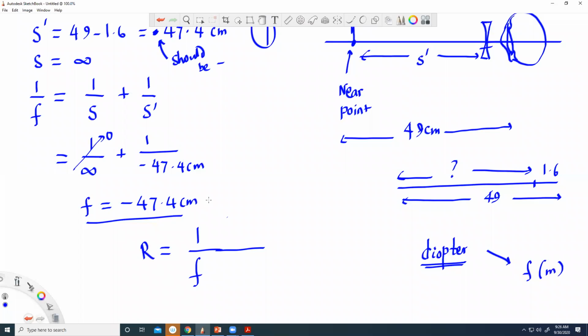So this is in centimeters, you need to express that in meters. So 47.4 times 10 to the negative 2 meters. So that would be 1 over negative 47.4 times 10 to the minus 2 meters. Okay, and then you do the calculation. That'll give you the refractive power. So minus, let's see what you get. About 2 point something. 2.1 maybe.